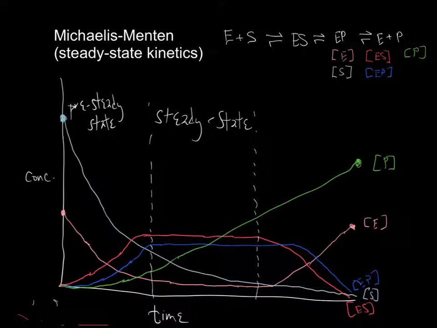All right. Now we're going to make things even more simple to derive the Michaelis-Menten equation. I'm going to give you the answer, and then we're going to derive it and see what it means.